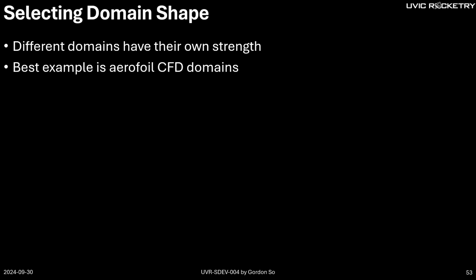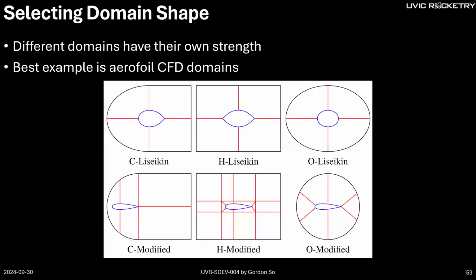Best example is aerofoil CFD domains. They come with different kinds of shapes, geometry that is well studied. And yeah, someone just determined, oh, this is actually the best one to use for this type of domain.